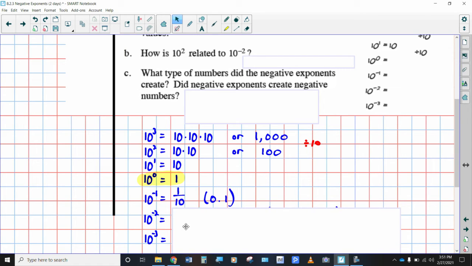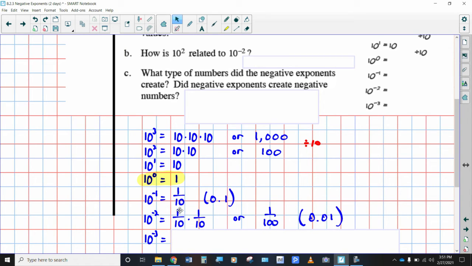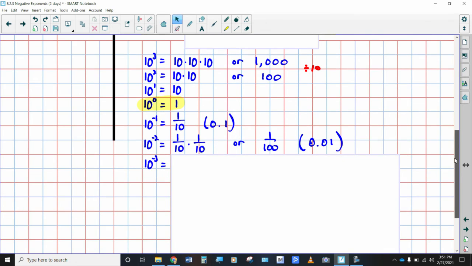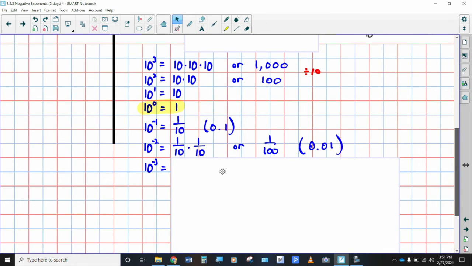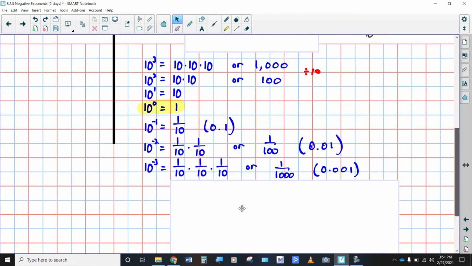Because 1/10 divided by 10 is the same as 1/10 times 1/10, right? Which is 1/100th, or in decimal form, 0.01. And then if you take 10 to the negative third power, you would get 1/100th divided by 10, which is going to give you 1/1000th.